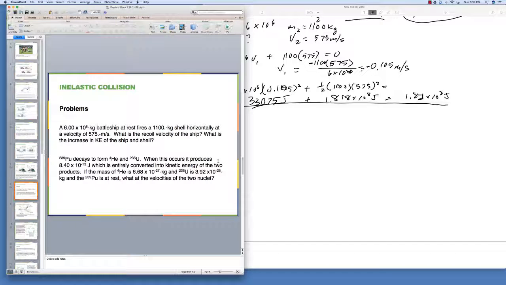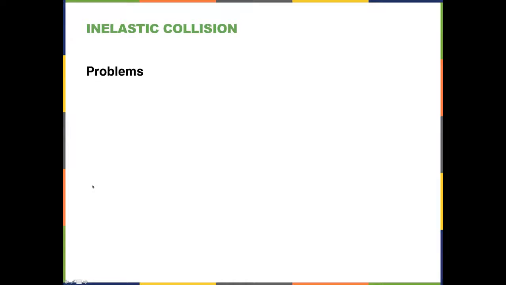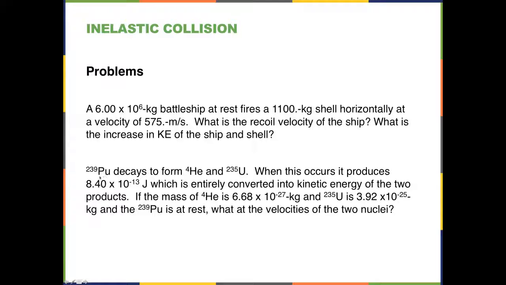Now let's take a look at this second one, which is a little bit more complicated. I'll make it bigger first. Pu-239 decays to form helium and uranium. When this occurs, it produces this amount of energy, which is converted into kinetic energy.